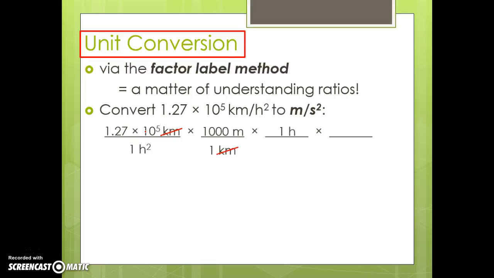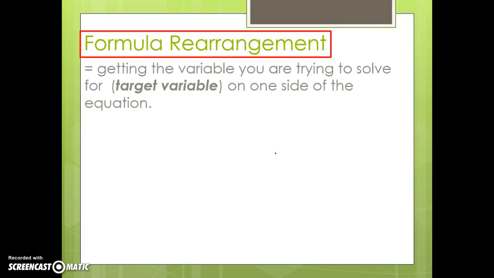Now we have to cancel out the hours, which is the 1 hour squared. And we also have to take 3,600 seconds, which is in an hour. And we have to do it again, 1 hour squared and 3,600 seconds. This takes out the hours squared. So now what we have is 3,600 times 3,600 times 1,000 times the original number gets you that. Sig digs gets you that.